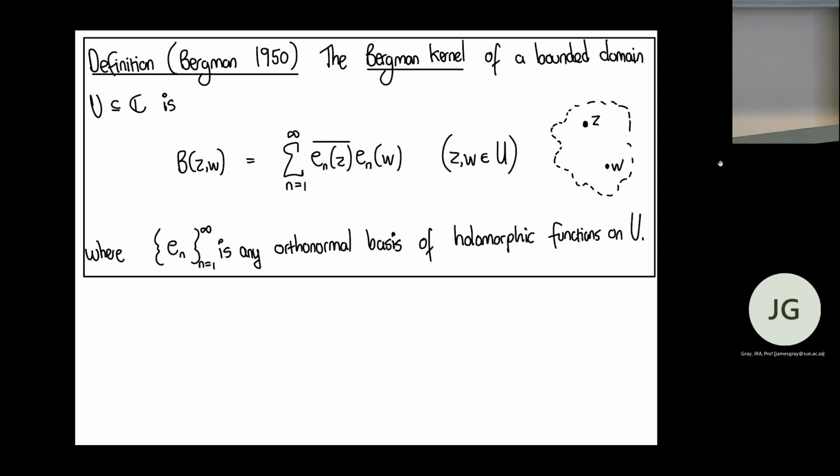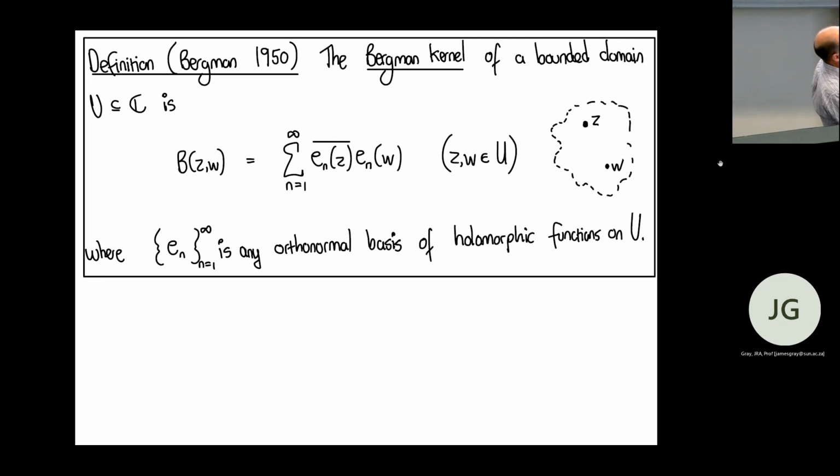Okay. So Bergman in 1950 wrote a nice book where he defined this thing called the Bergman kernel of a bounded domain in the complex plane. It's just this function here. It's a function of two points in the domain. And all you do is you take a sum over an orthonormal basis of holomorphic functions on that open subset.